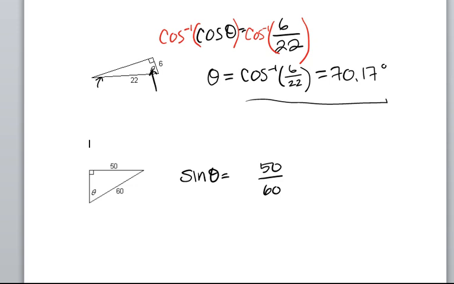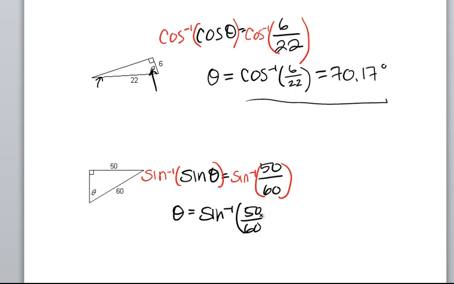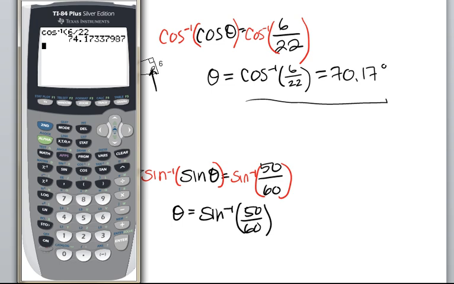Similarly, if we look at our problem down below, we know that sine of theta is 50 over 60. To solve for theta, I take the inverse sine of both sides to get theta by itself. And so that tells me that theta is equal to inverse sine of 50 over 60. If you really wanted to, you can simplify that to 5 over 6.